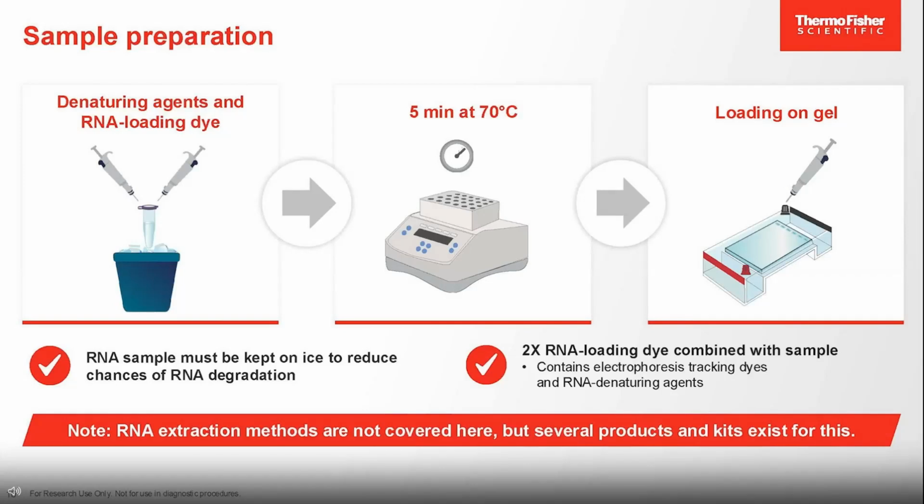After this, make sure that you don't put it back on ice. Just put it next to where you would be loading the gel, and then as fast as possible load it into the gel to prepare your electrophoresis run.